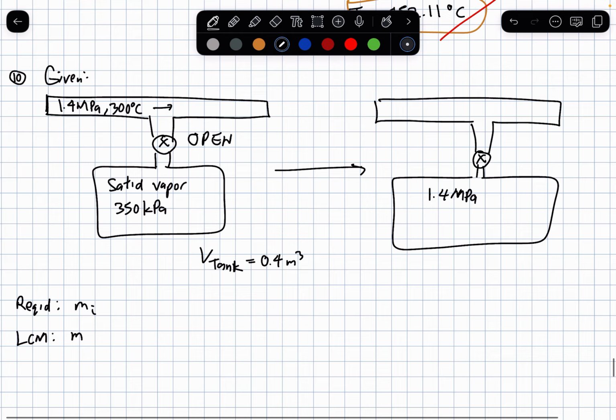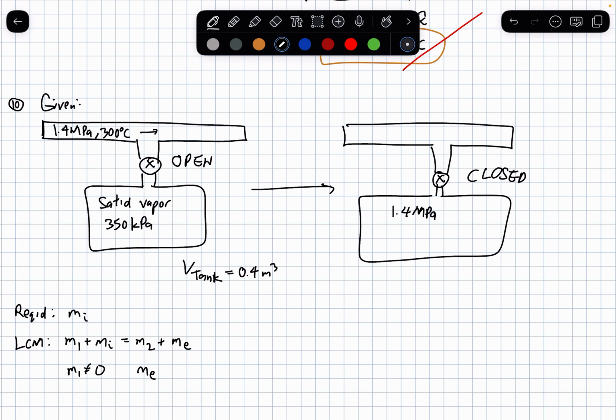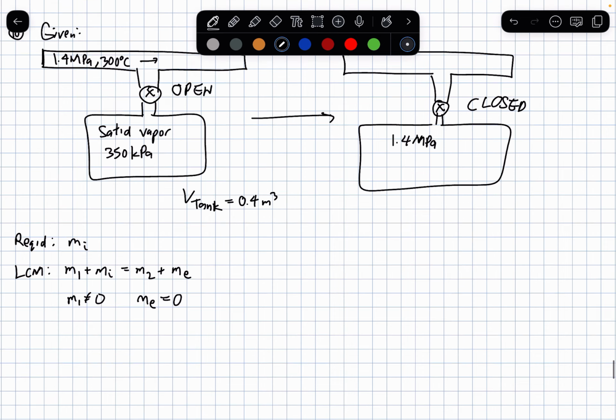This is transient state again because at a certain point we make an accumulation. So in this case, we already have something in the initial tank, so M1 is no longer equal to 0. But since we still have no output stream, then ME is equal to 0.